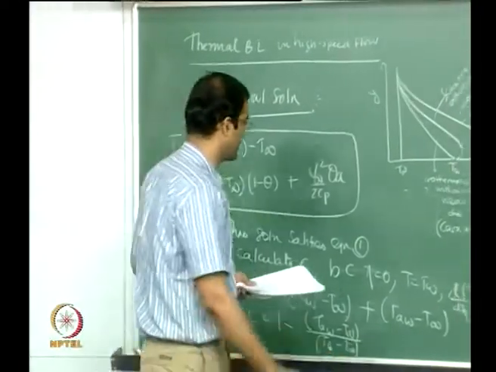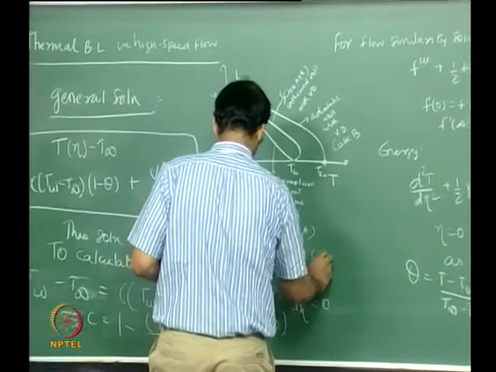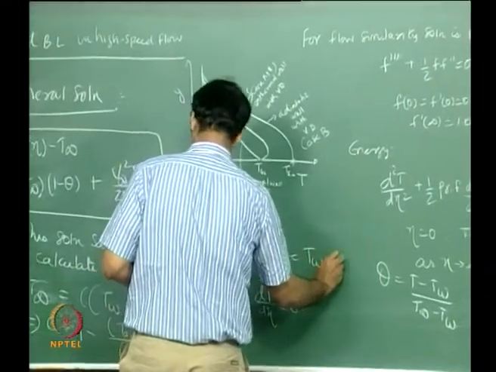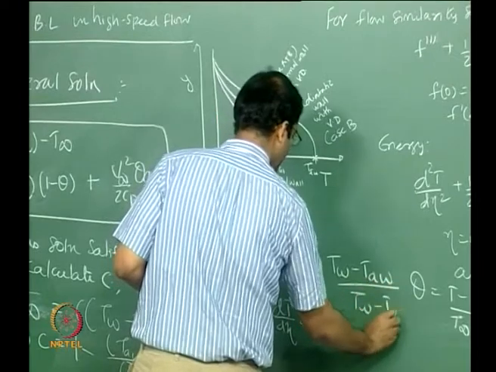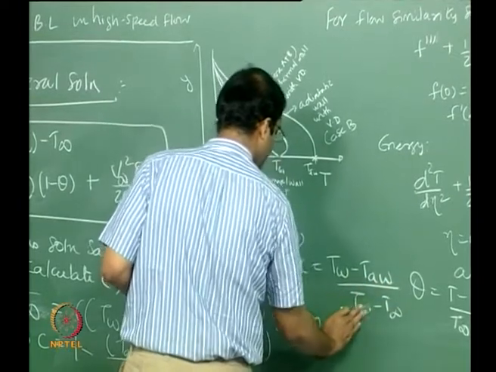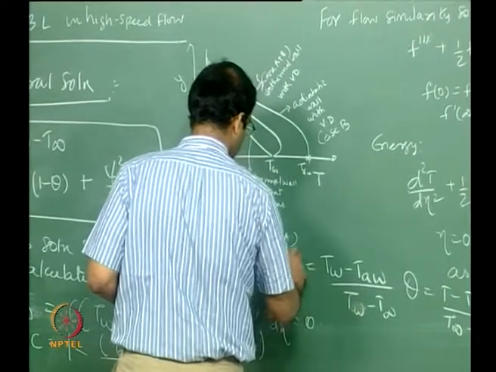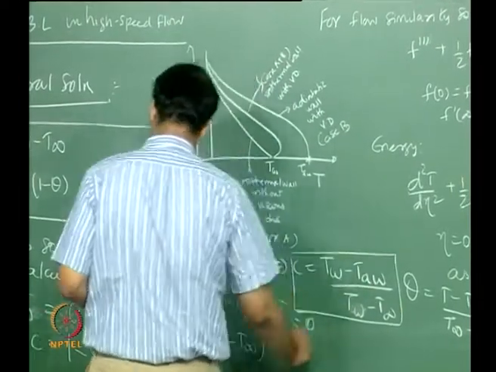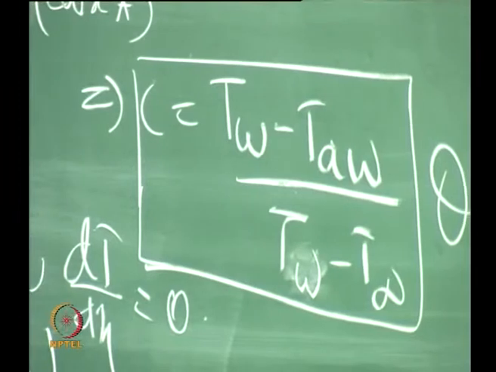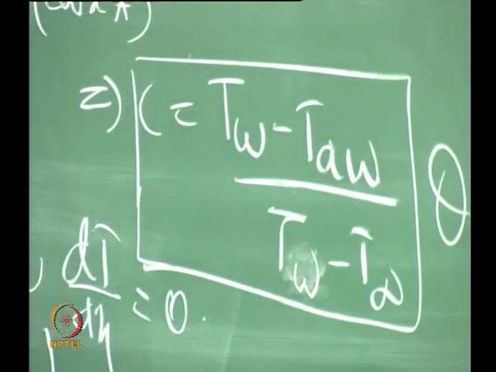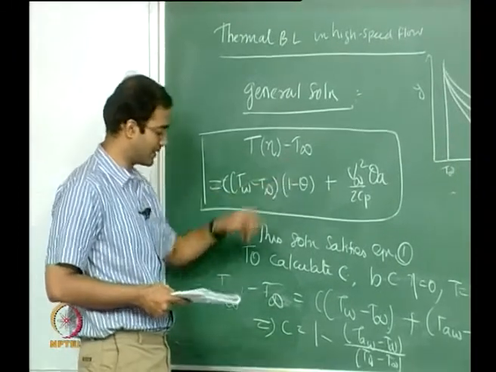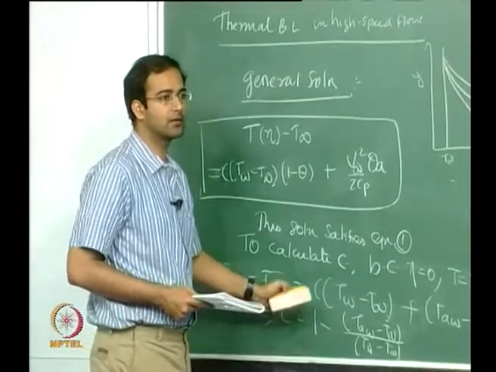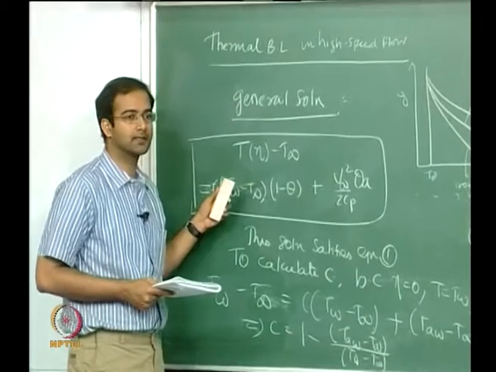Or I can rewrite this as C is equal to T wall minus T adiabatic wall by T wall minus T infinity. So now that I have determined C, the solution is complete. Once I find two separate solutions, one for theta, one for theta a, I found the constant factor which combines them linearly.